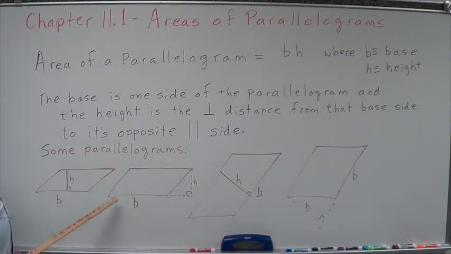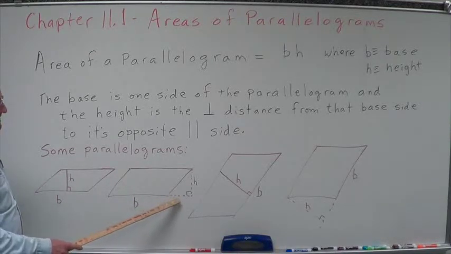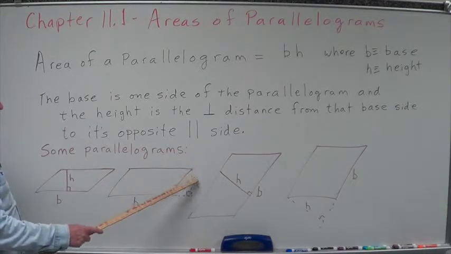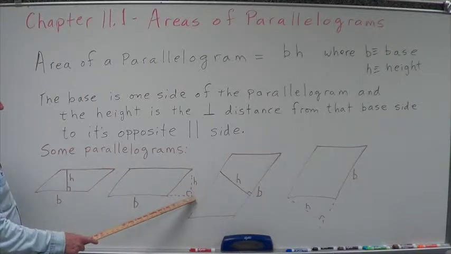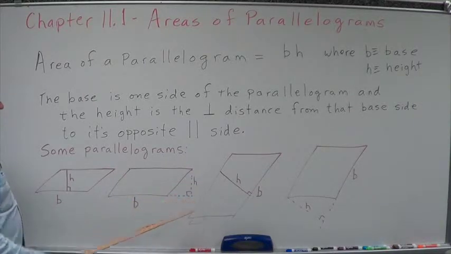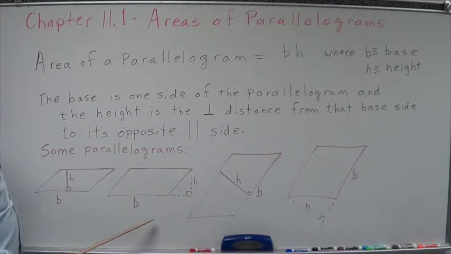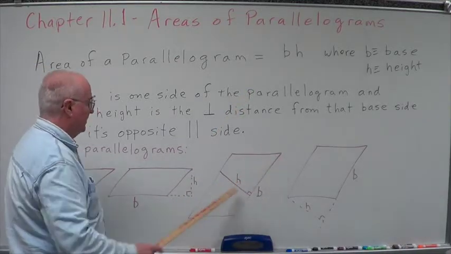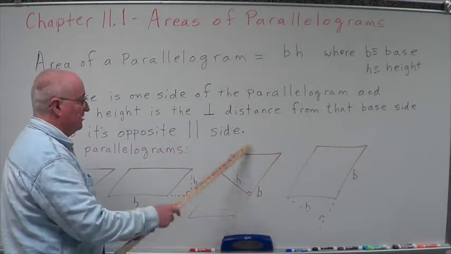Another way it can be shown here is we chose the bottom again as the base. We extended this on auxiliary and we drew an altitude from this vertex down to here and represented that as height. Same thing. Same distance as this represents. Now, can we choose the other side as the base? Sure can. We don't have to always use the one that's flat to us.